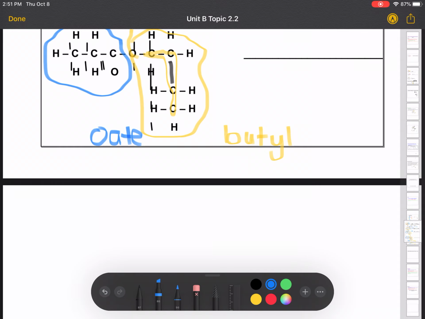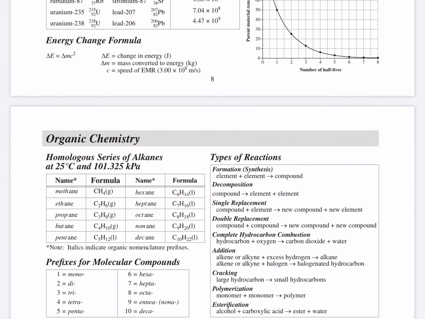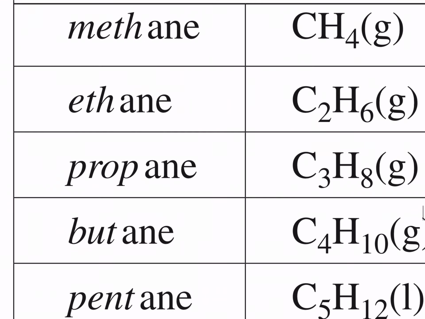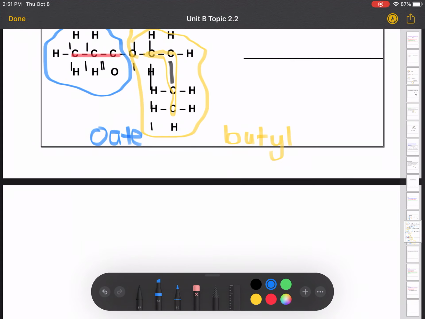Because there's a 3-carbon chain right here, 3 carbons would be prop. So we would write propanoate. I guess not propanate, propanoate. Wow, I wish you guys were here to help me not mess up.